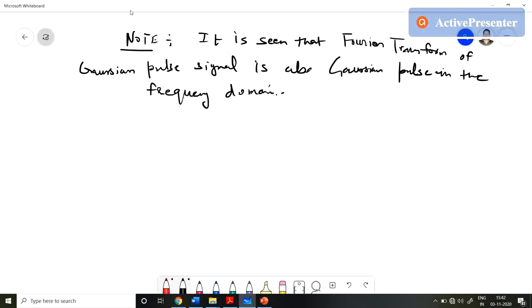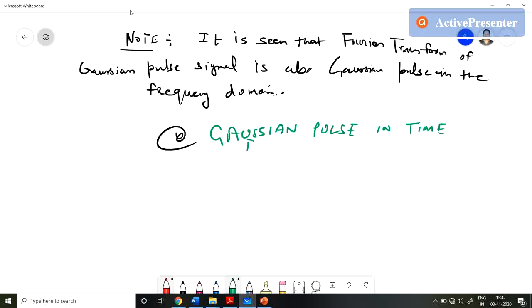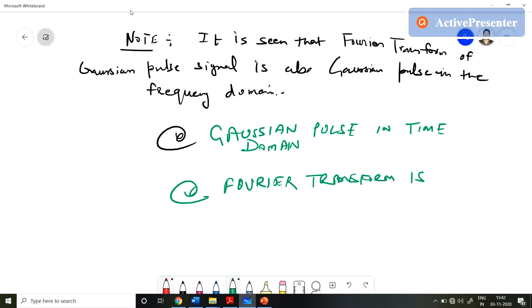So for a Gaussian pulse in the time domain, the Fourier transform is also Gaussian.